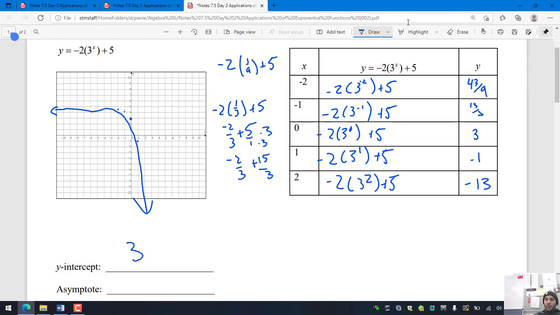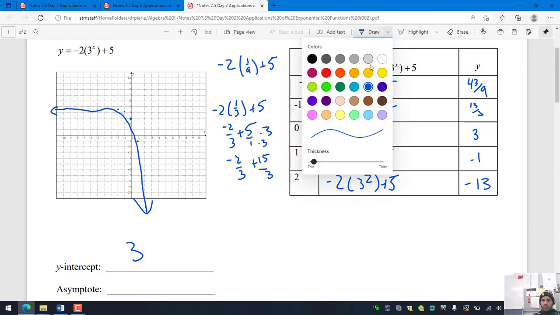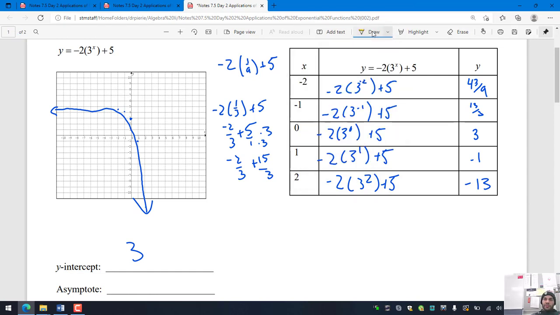Okay, the asymptote is a little bit trickier, but I'll introduce this concept just so you're familiar with it, because it's not going away anytime soon. Every single time you make an exponential growth or decay graph, there's going to be some imaginary line that the graph gets really, really close to but never actually crosses or touches. If we look where this graph flatlines, it starts leveling out right at this point right here.